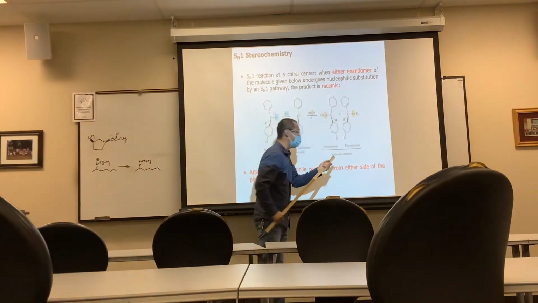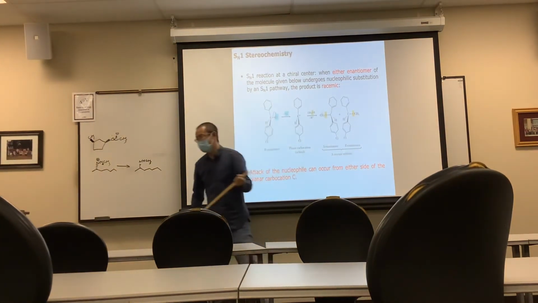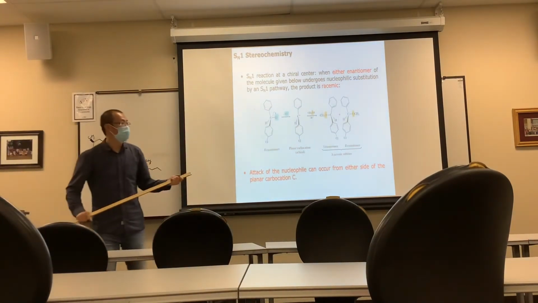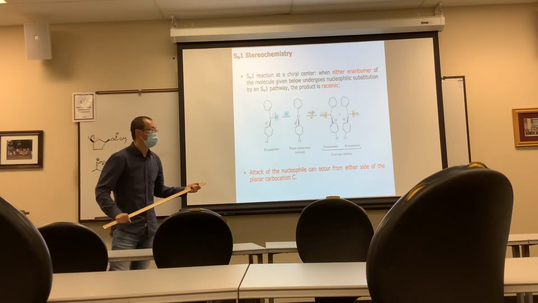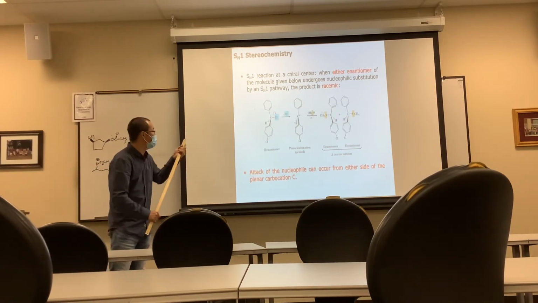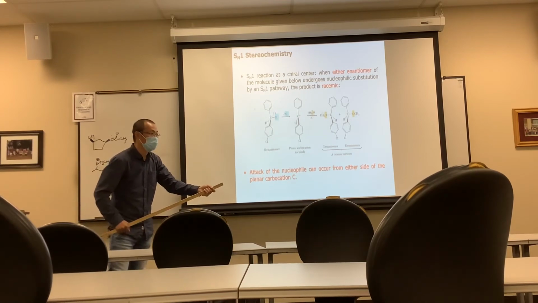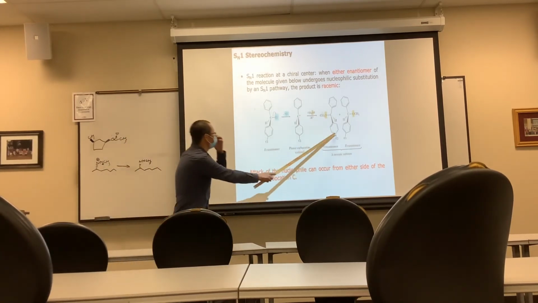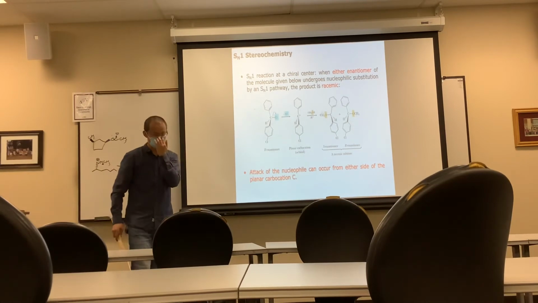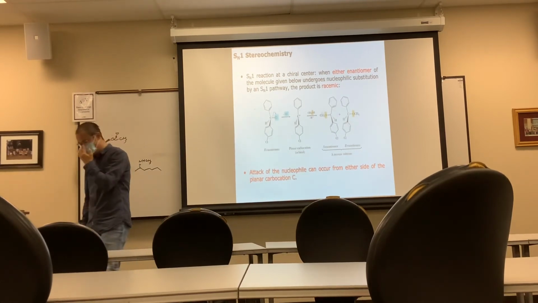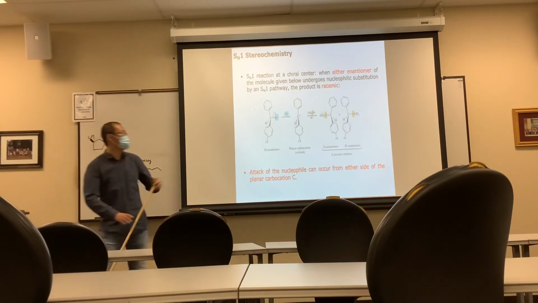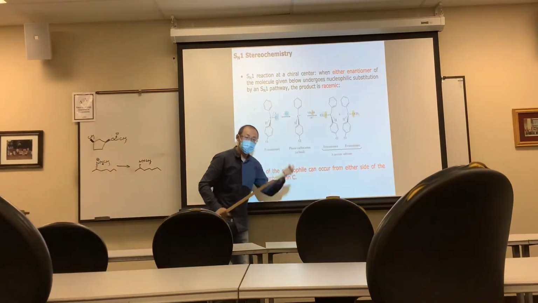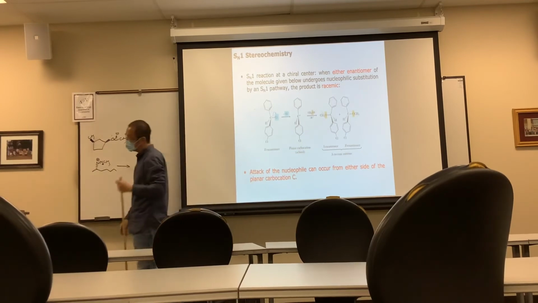So theoretically, you get a mixture of R and S, 50%, 50%, because you have equal chance of attack from both sides. We call the product a what? Racemic mixture. In SN1, you end up with a racemic mixture, because the carbocation is a planar sp2 hybridized carbon.